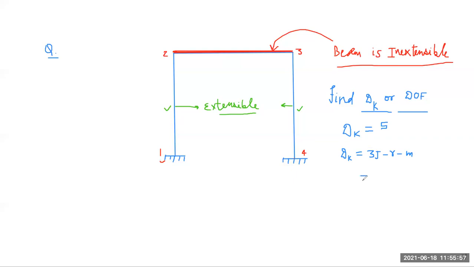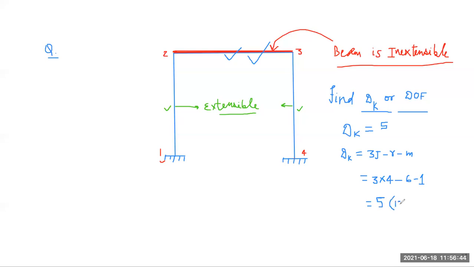So here we put the value of j as 4, because 4 joints are possible. So here dk is equal to 3 times j is equal to 4, minus r is equal to 6, and members inextensible. That means only one member is inextensible, because they give only that this beam is inextensible. So basically we use minus 1 here. So what do we get? We get 12 minus 7. So basically we get our answer as 5. So 12 minus 7.